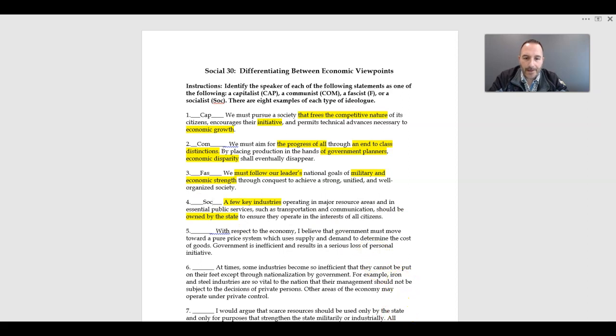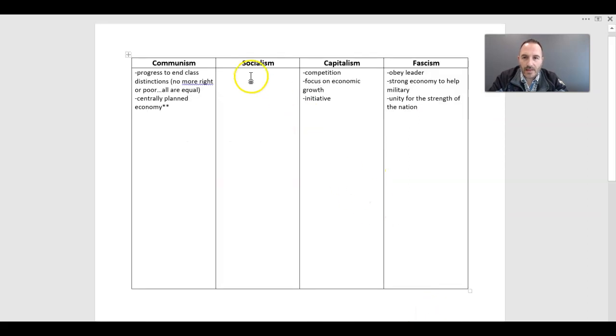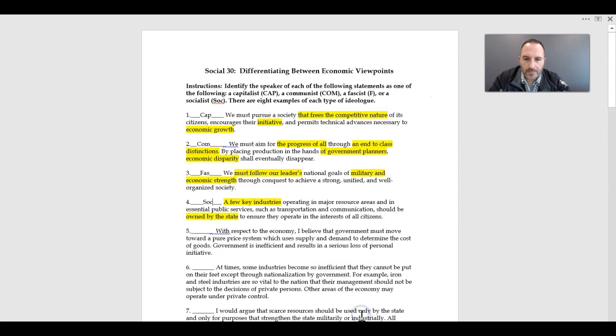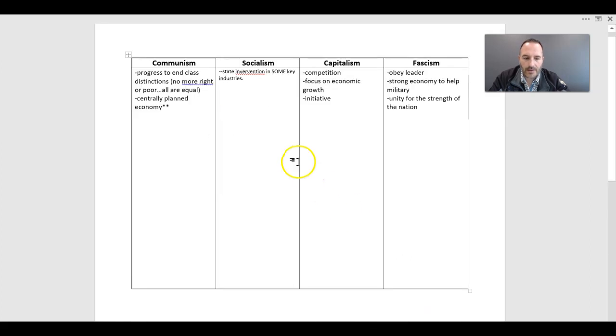Okay, so let's just put here state intervention in some key industries. And then let's just go back to where we were. All right, now let's just put, oops, intervention spelled wrong, boom.